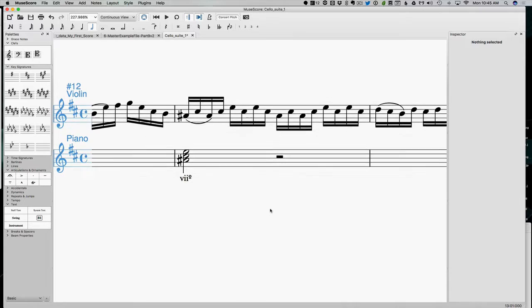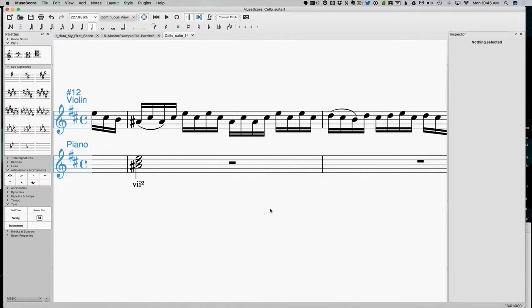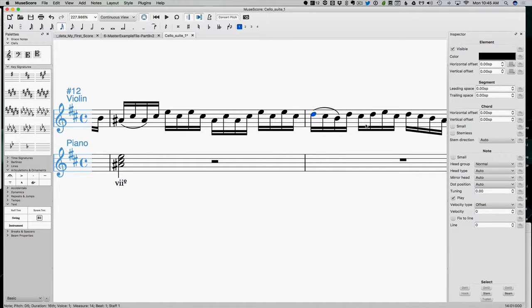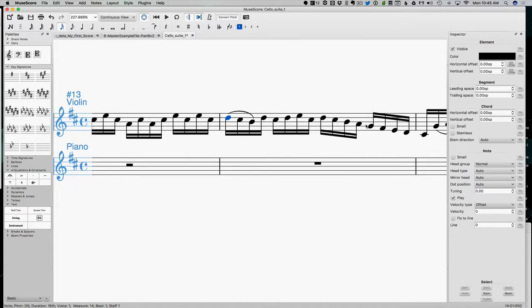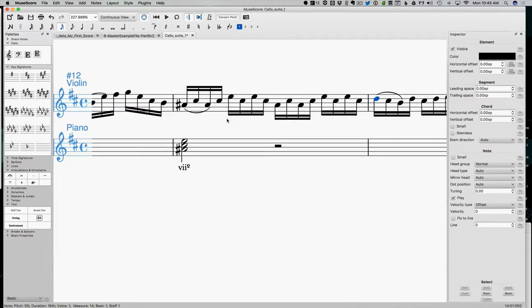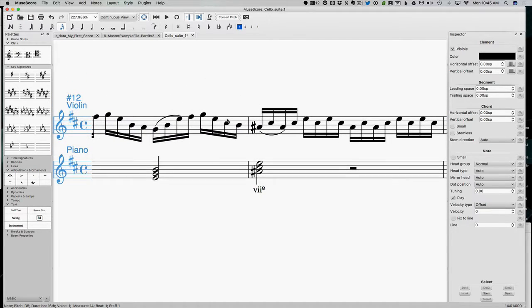Okay? Does that make a lot of sense? Not a lot. Just looking quickly at the next bar, I see a B and a D, so it could make sense that we're heading to B, but it's not a D sharp, so it's not major. So that doesn't work really well.